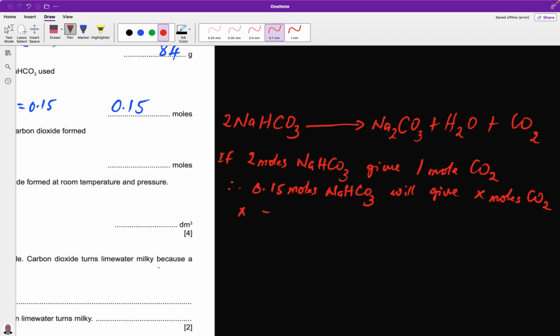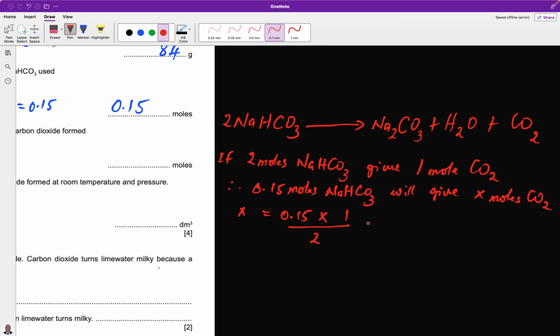Now X will be 0.15 times 1 divided by 2. 0.15 divided by 2, we will have 0.075.